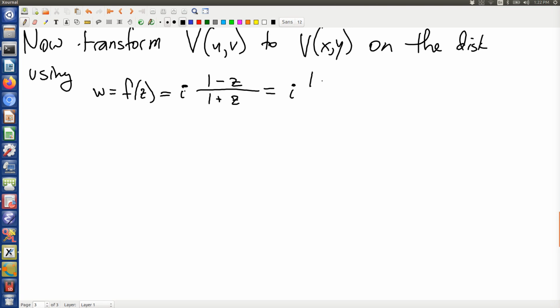So this is 1 minus x minus iy, and this is 1 plus x plus iy. We want to rationalize this equation, so multiply by the conjugate.